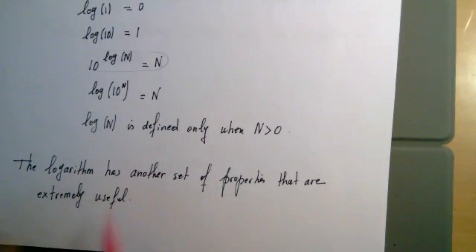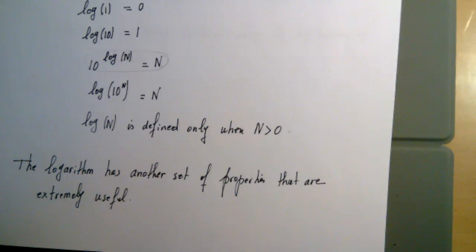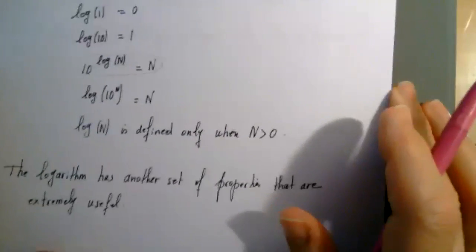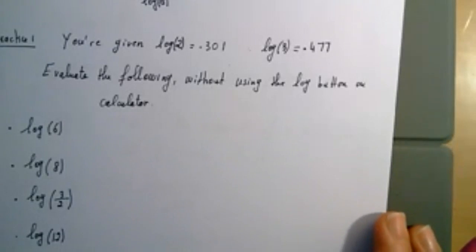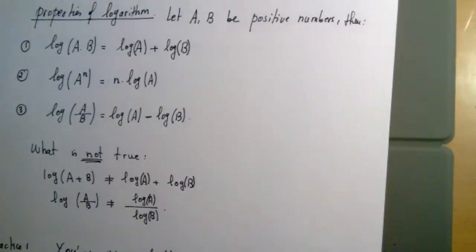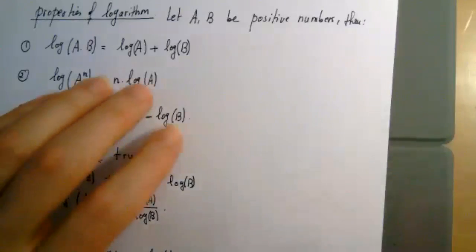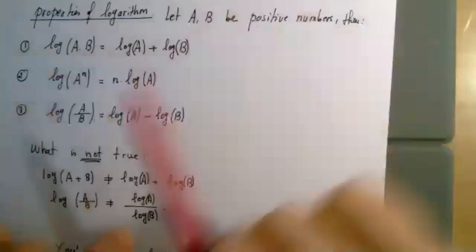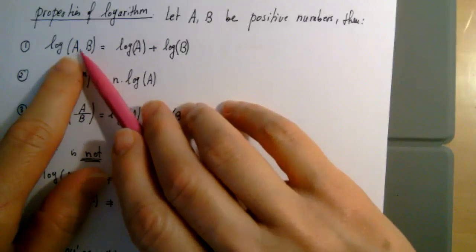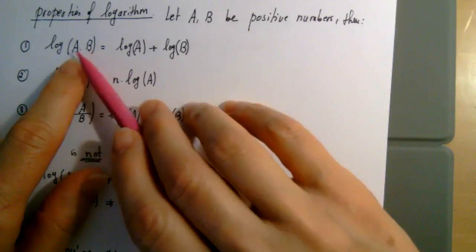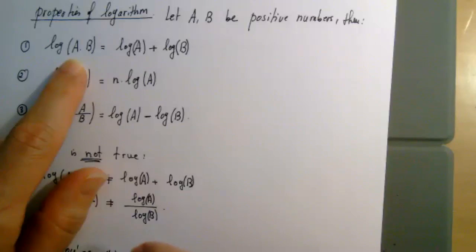Now, the logarithm has another set of properties, and those are extremely useful. That's what's really going to help us take off. Suppose A, B are two numbers, and I multiply them, creating another number.